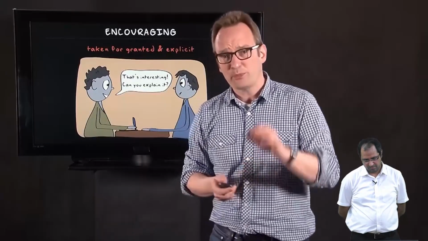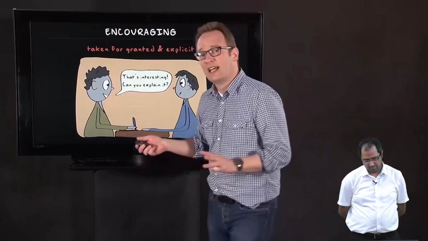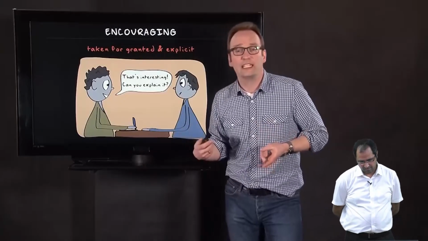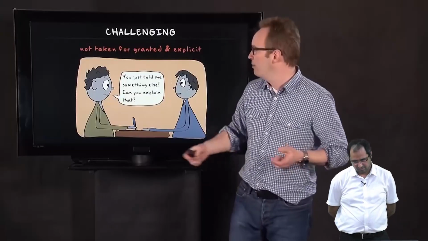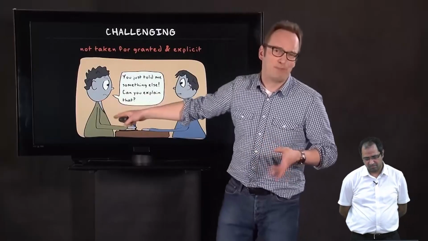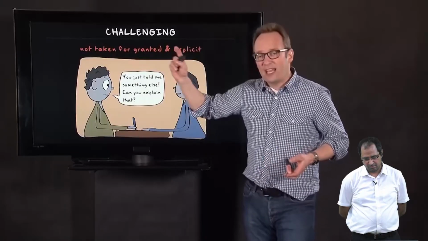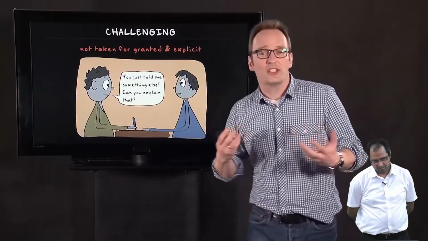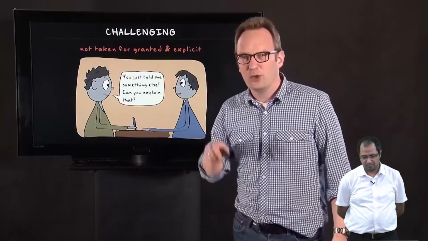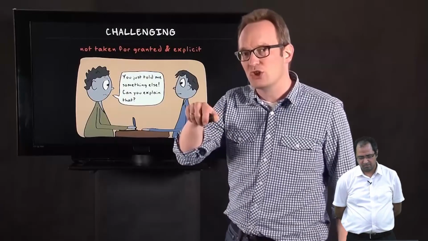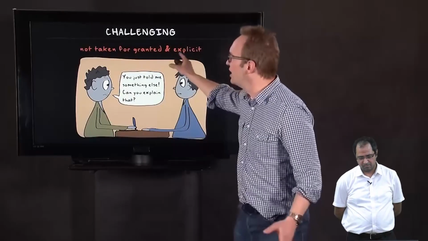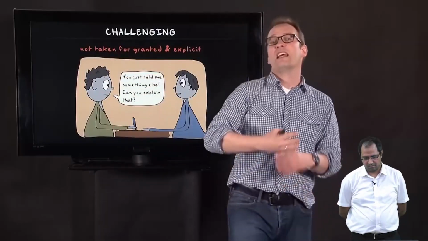Stuff like that. The third tactic is a little different. The third tactic you know from news interviews. This man looks a bit sad, but it's more a challenging tactic. In this challenging tactic, you do not take the answer for granted, but you probe, and you challenge, and you explicitly show that you don't simply take it for granted.